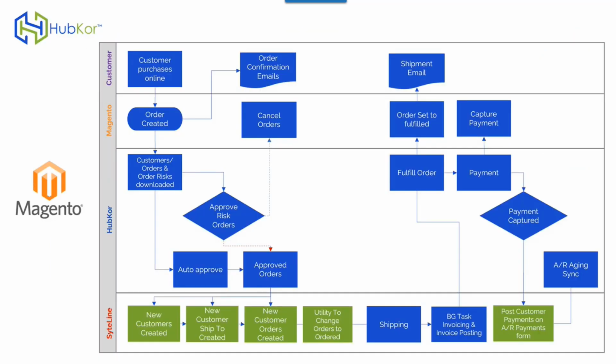On a much lighter scale, I went into a lot of detail for Salesforce there, of course, to show you the depth and the complexity that we've gone to. These are very much high level. So in this case, this is Magento. It's an e-commerce solution. As you look down the left, you can see the layers, the customer is interacting. You've got the software, what role HubKor is doing, and then how it is passing data to and from SyteLine, of course.